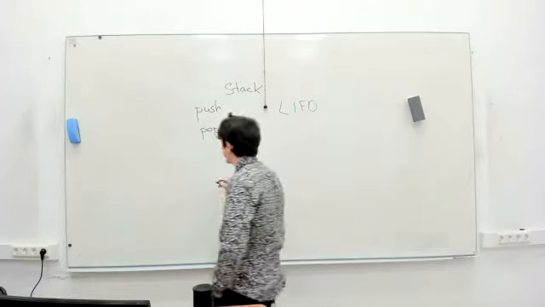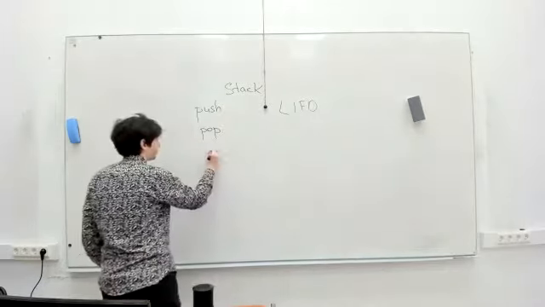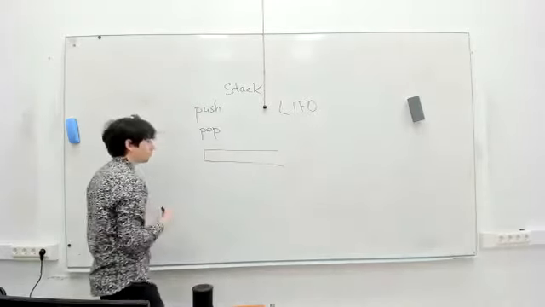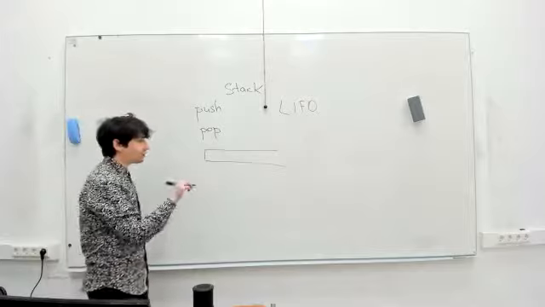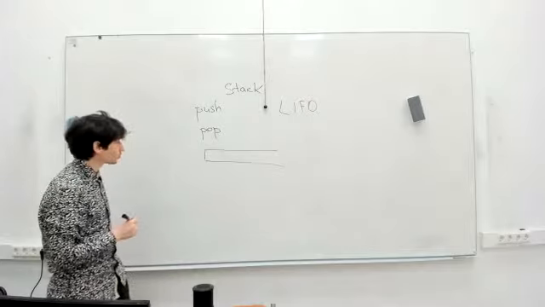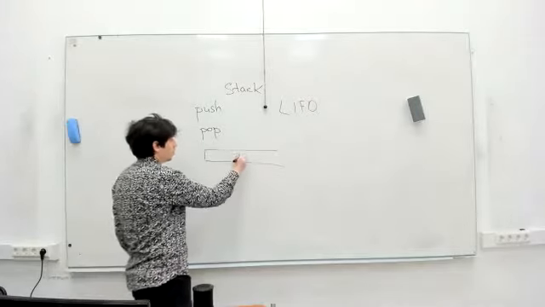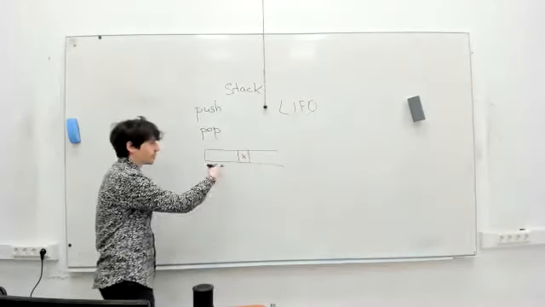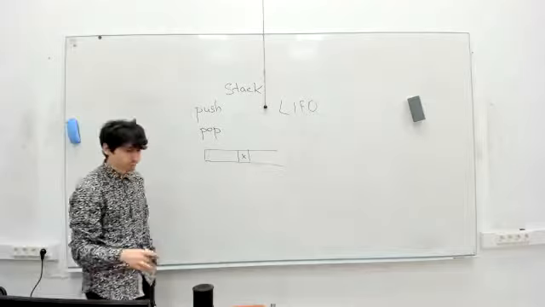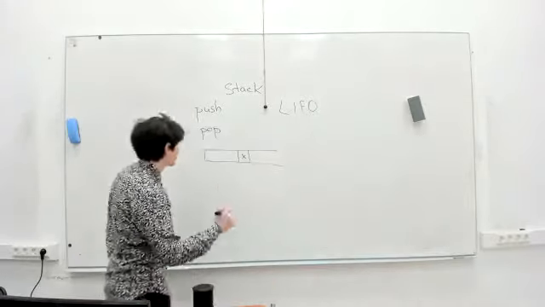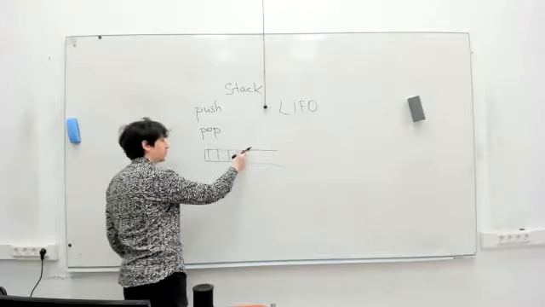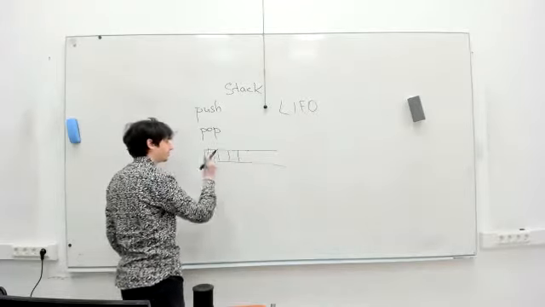So stack can be seen as an infinite array which can be pushed, like push x. So we put x at the end of this array, and with pop, we simply return this element.